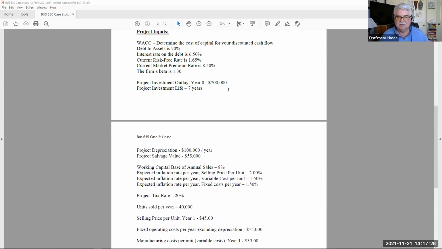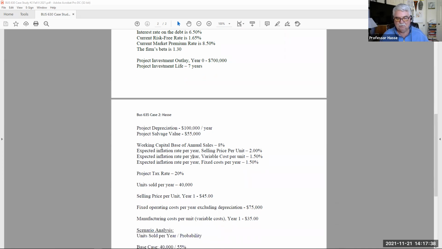Again, $700,000 year 0 investment over a project life of 7 years, depreciated at $100,000 a year to a salvage value of $55,000. Your working capital base is 8%. Your selling price per unit is $45, which is going to inflate at 2% after year 1.